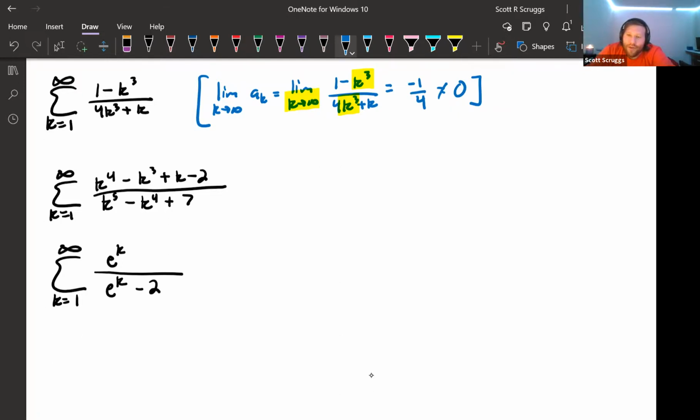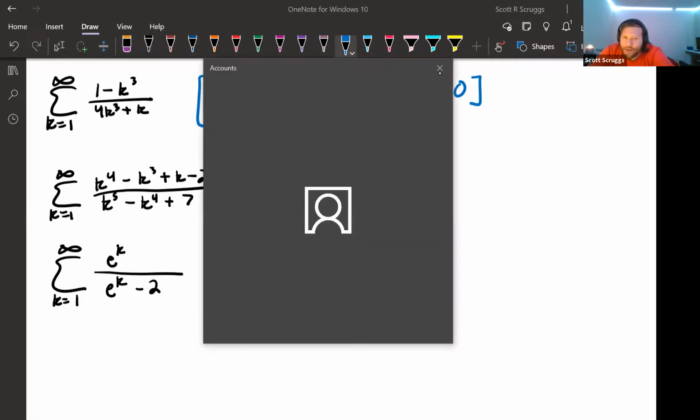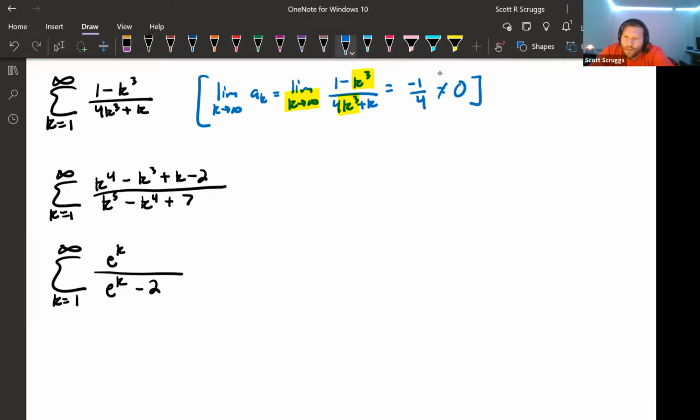Since we are in Cal 2, we can now go for the main result that says I can read off the coefficients in that case. And because that limit does not go to 0, I can use the divergence test here.